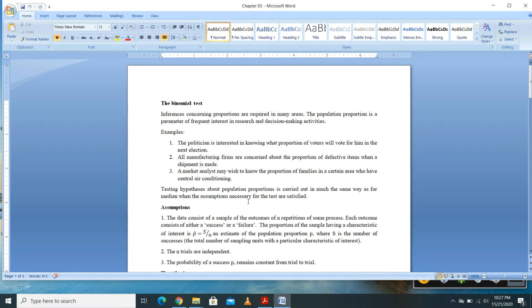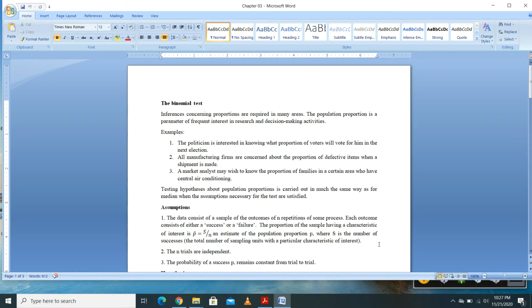In those cases, we cannot take the parameter as the median, so you have to take the parameter as the population proportion. In such cases, in order to do hypothesis testing on a population proportion when you have a small sample, we use the binomial test, right?